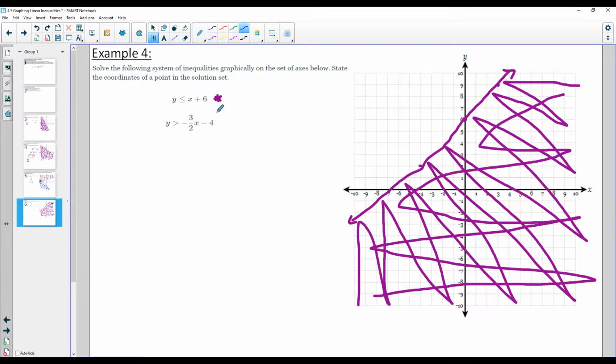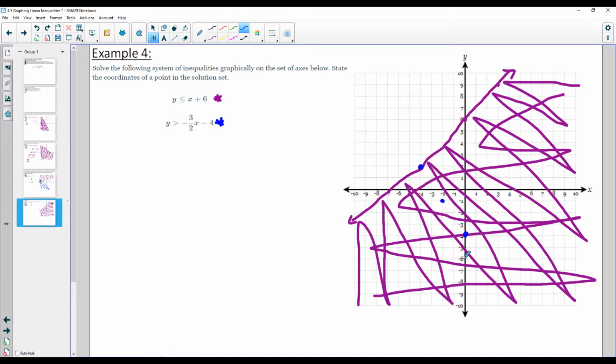All right, and then we'll do the next one in blue, which we're going to start at -4, and then -3/2, rise over run, so up 1, 2, 3 over 1, 2.